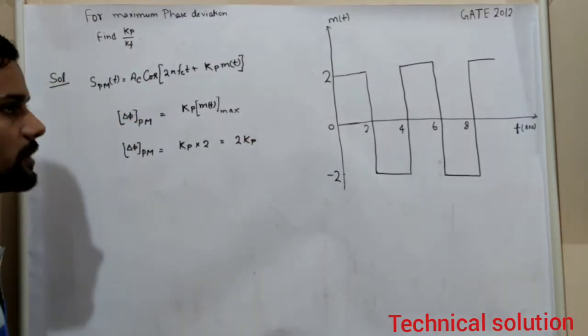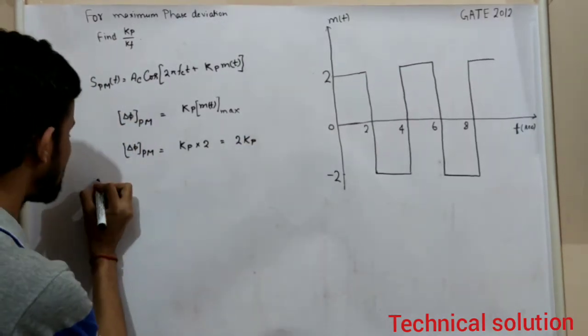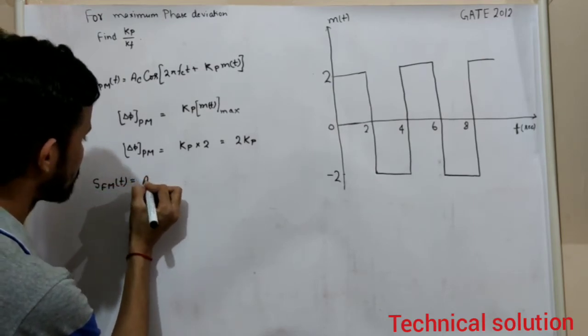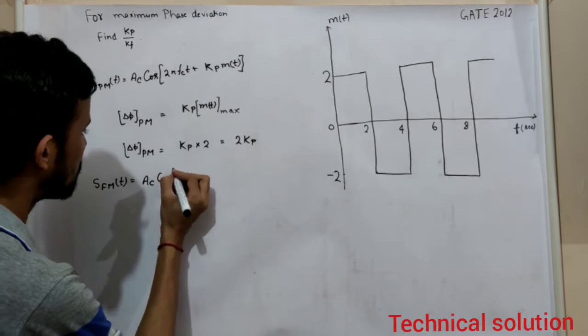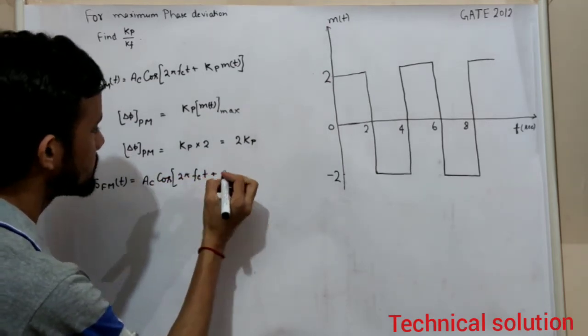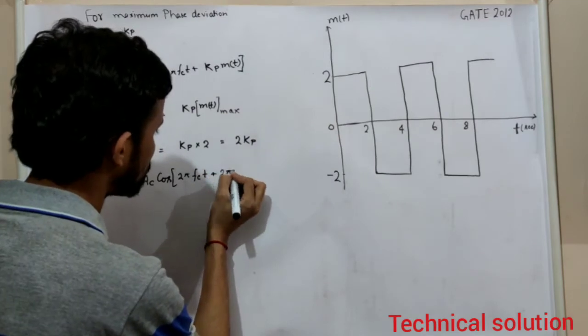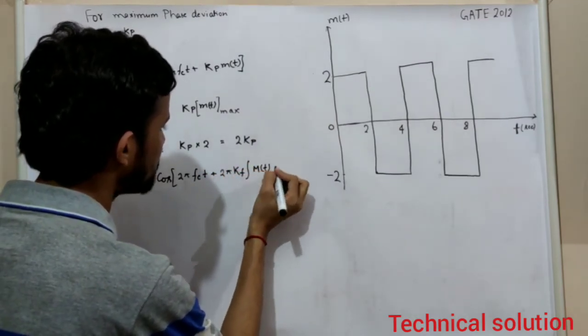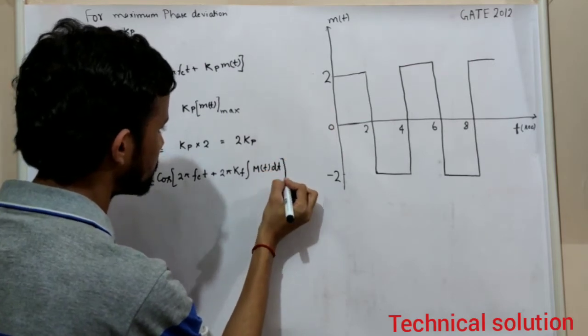And the frequency modulated signal s_FM(t) is given as Ac cos(2 pi fc t + 2 pi Kf integration of m(t) dt).